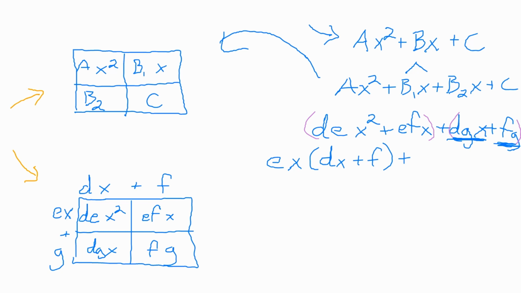Where are you seeing F over here? What's common between DGX and FG? Oh, G. So G, there you go. It's going to be G parentheses DX plus F. DX plus F, very nice.